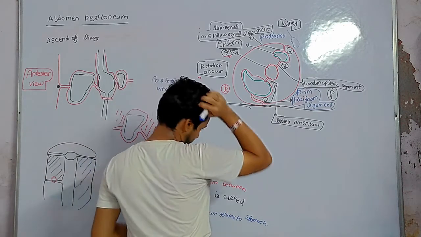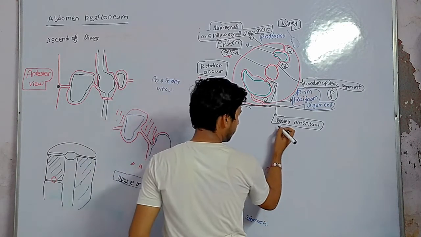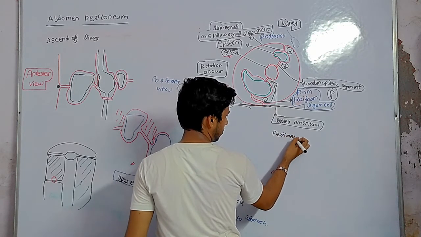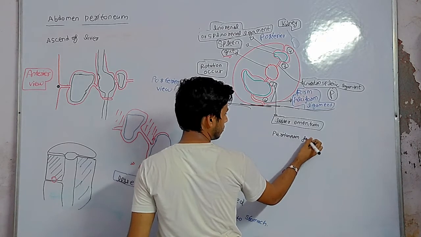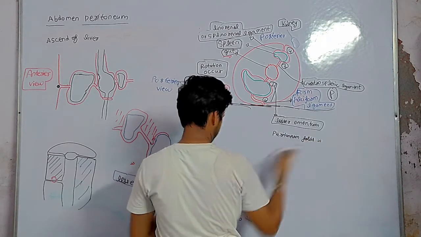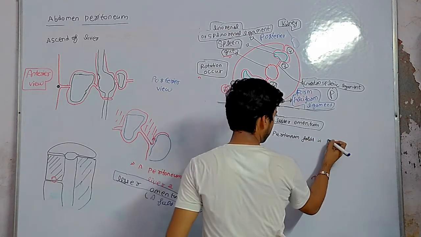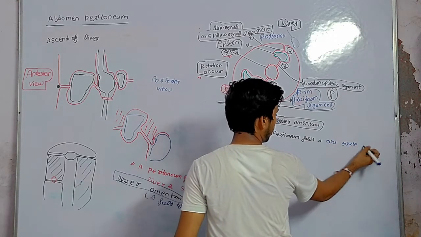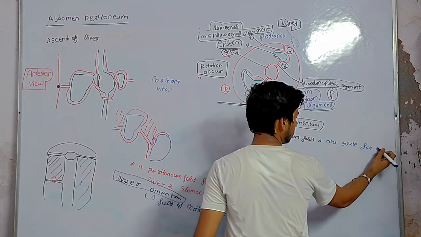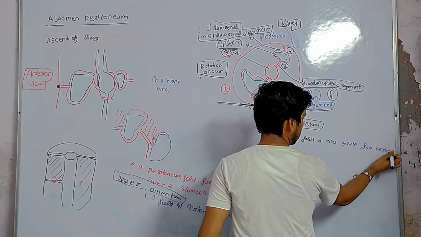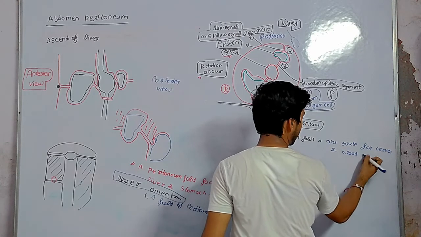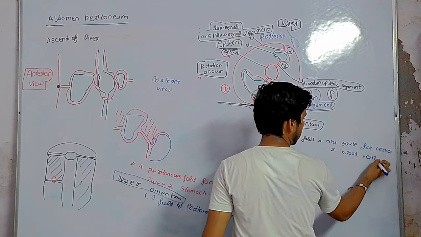We can say peritoneum folds are the route for nerves and blood vessels, arteries and veins both.